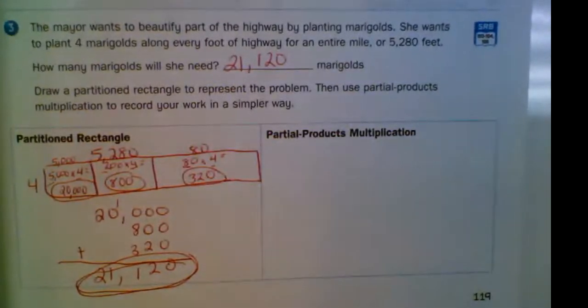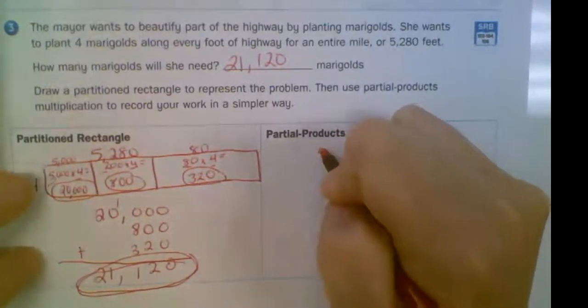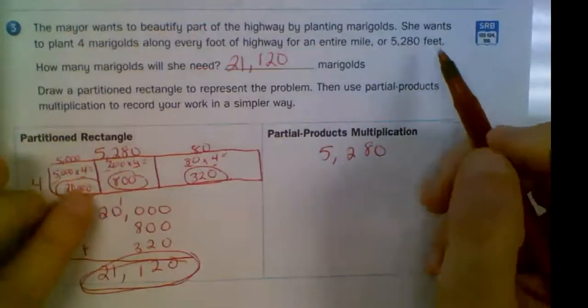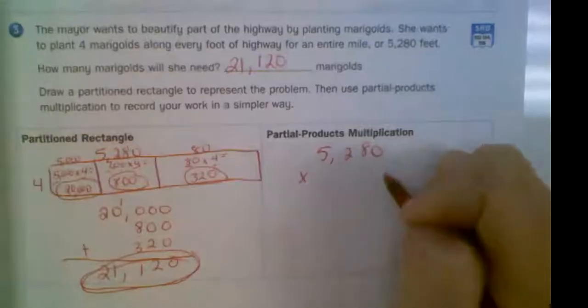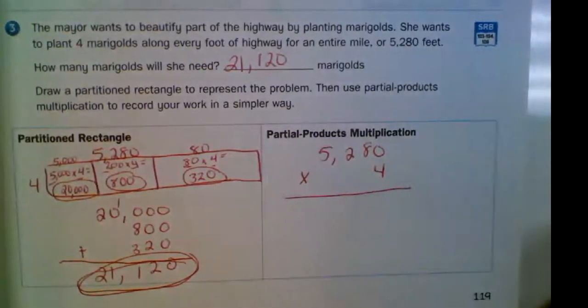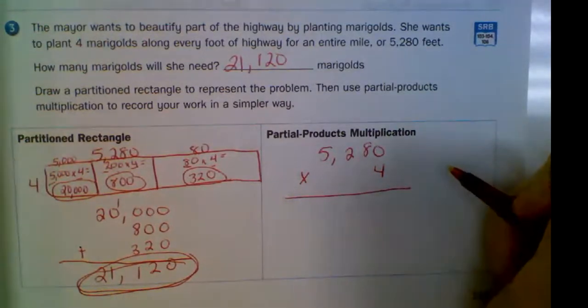Now I'm going to show you, like I promised, a new way. So another way, which is a way probably most of your parents learned how to multiply, would be 5,280. So we take our total amount and then whatever we want to times it by, which is 4. Okay, so now we call this one partial product multiplication.